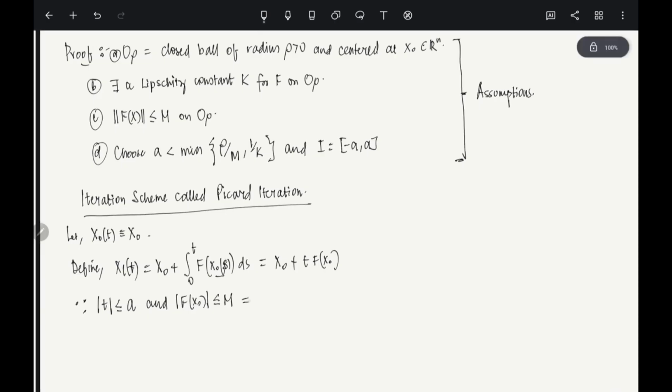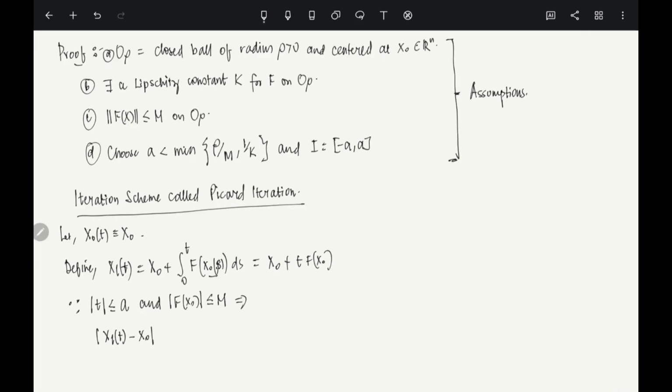Therefore, x1 of t minus x naught. See, what we need to do is this.